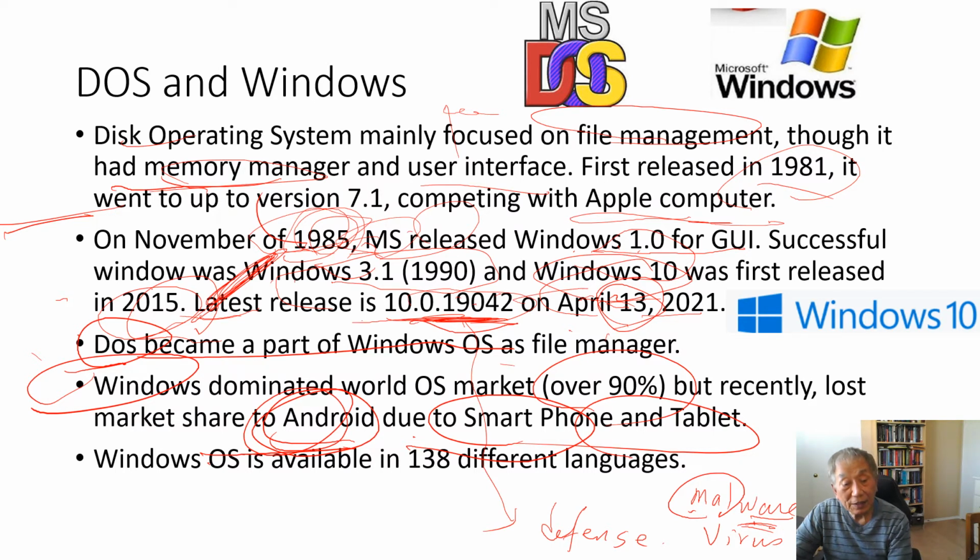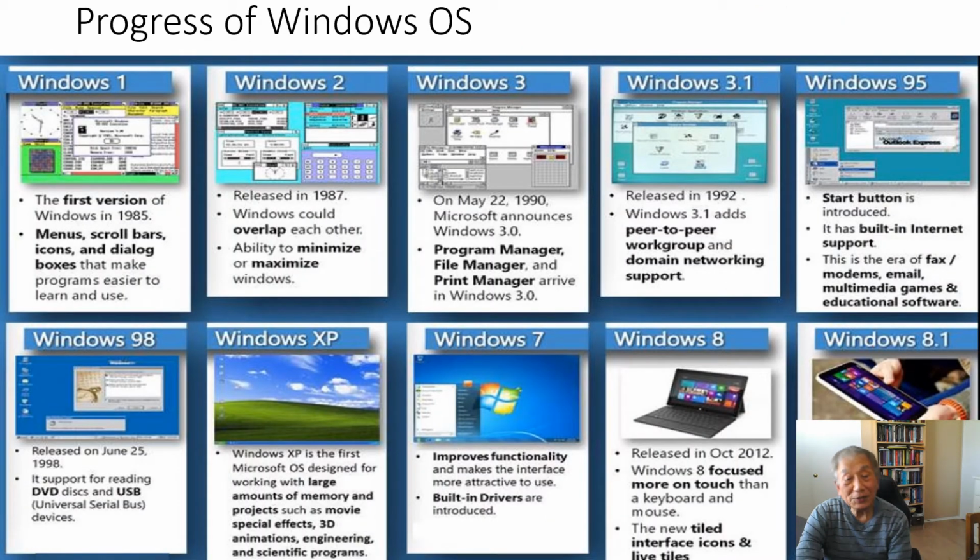Then it is amazing that there are versions of the Windows operating system in 138 different languages all over the world. So this is a little history. I wanted to go over individual things, but it's really time consuming, and I've already got half an hour chewed up.